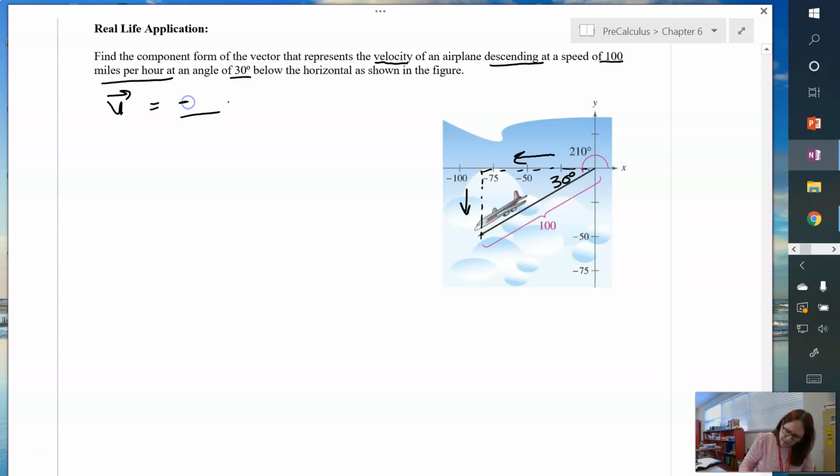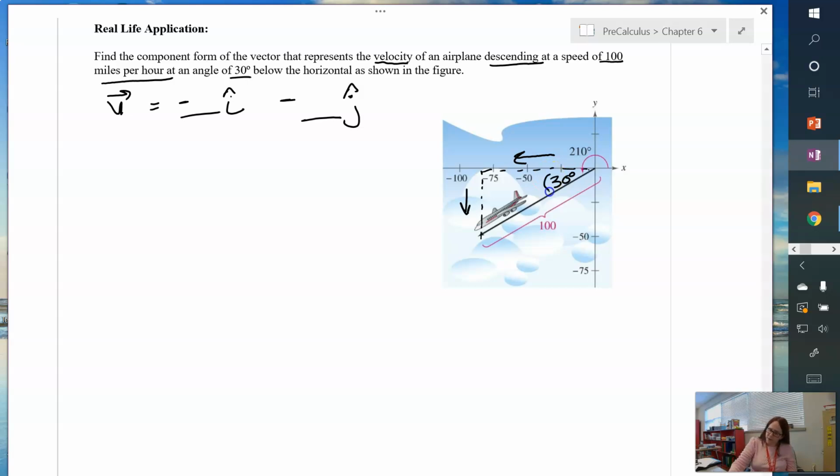Something that's negative in front of the i vector. And then we're going to have something else that is negative in front of the j vector. And once I have that, I'll have my answers. So what I'm really trying to do is find the lengths of these sides with my hypotenuse as 100.